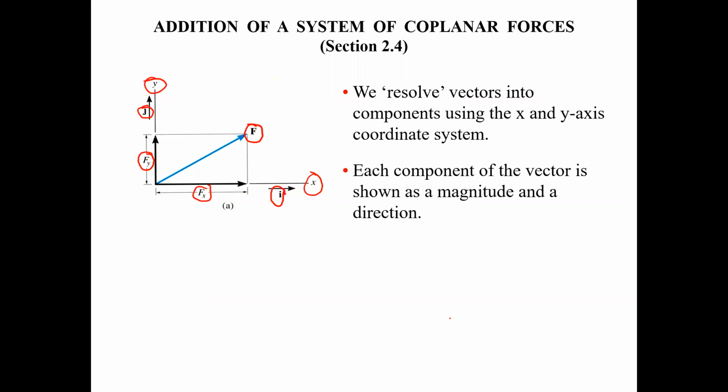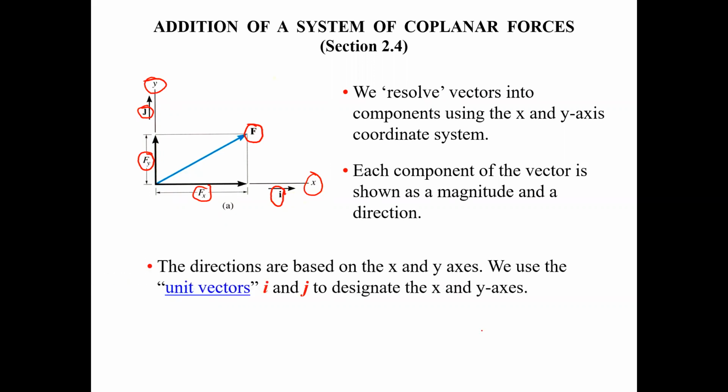We already know that each component of a vector is also a vector. So that's why it has both a magnitude and direction. The directions are based on the x and y axes because we are resolving the force vector according to the x and y axes, or we are using the x and y coordinate system.